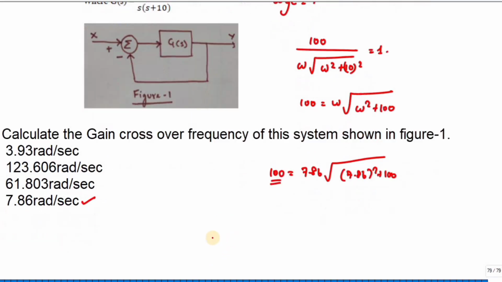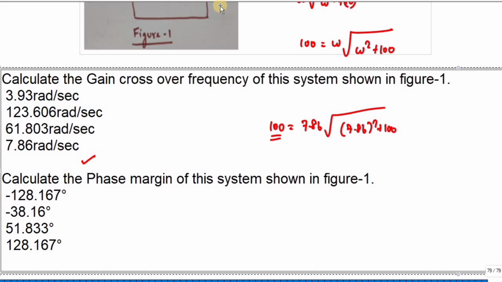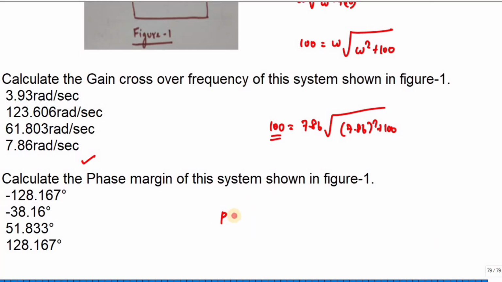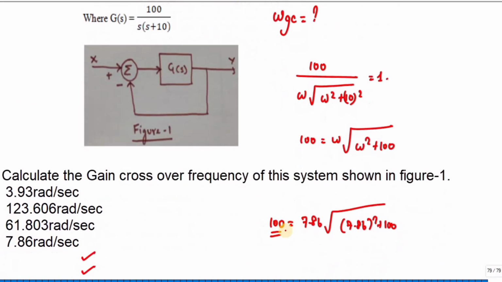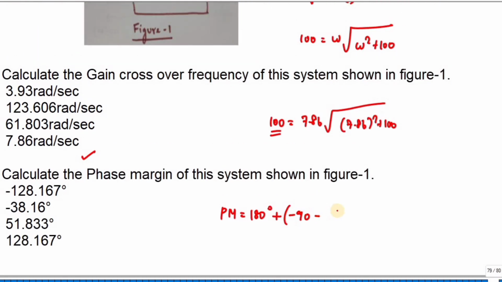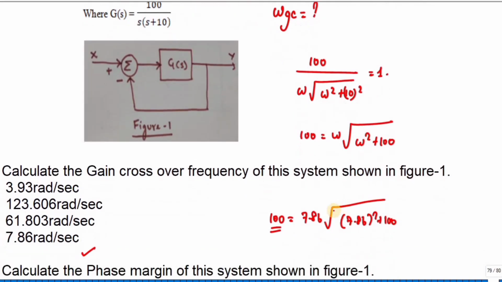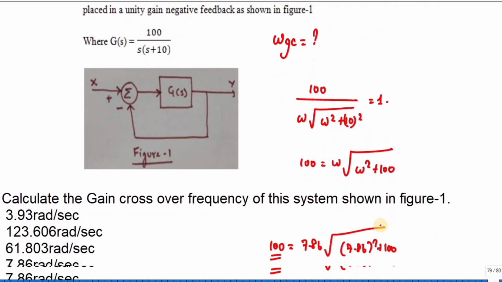And from this, they are asked to find the phase margin. So phase margin is equal to 180 degree plus, minus of 90 degree, because in the denominator I have S, minus tan inverse of omega by 10, because j omega in terms of S, so omega divided by 10. So you substitute the omega GC value, and you get 90 minus tan inverse of omega by 10.